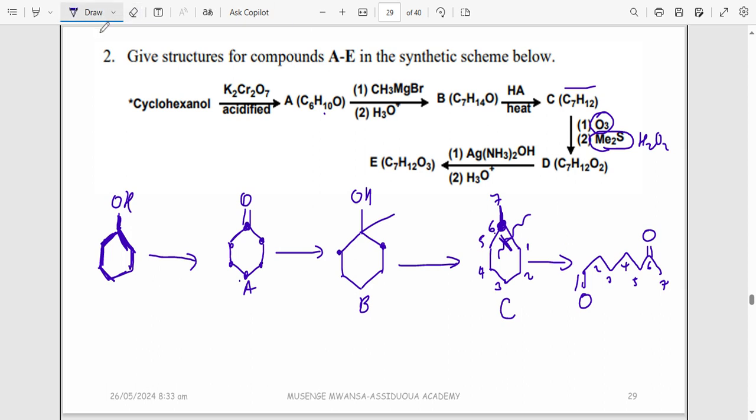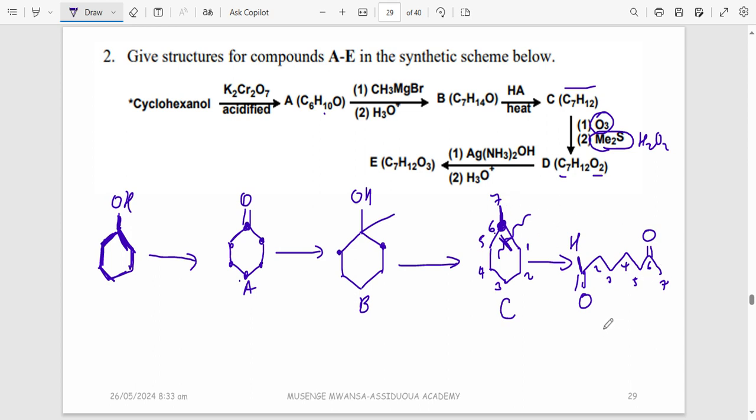But here we just attach a hydrogen because it's dimethyl sulfide. Balance with the formula: you have 7 carbons and 2 oxygens. These are the 2 oxygens. If you count hydrogens, there are going to be 12.